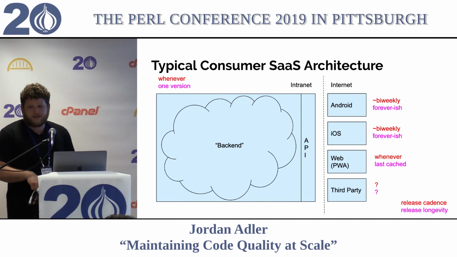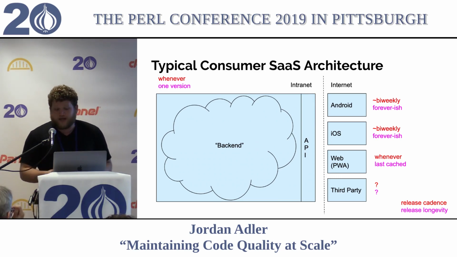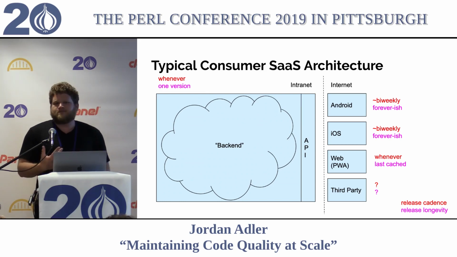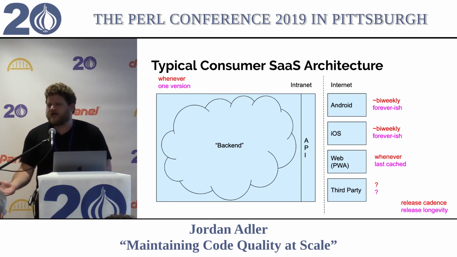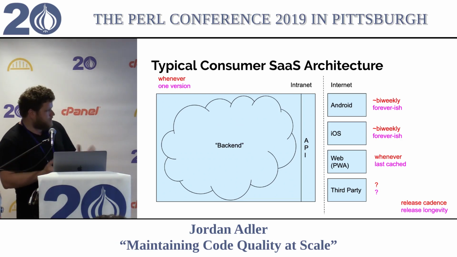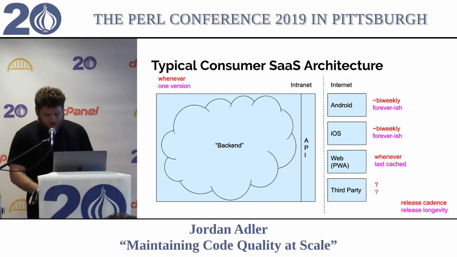As soon as the user gets in touch with the server to rehydrate the data in the app, you can get a new version. So you don't have exactly one version running as you might on the back end, but you have one plus whatever the last cache version that the user has, which is what executes first. And so there's a relationship here between release cadence, release longevity, and quality constraints in the pipeline. So there's something to note there as well.